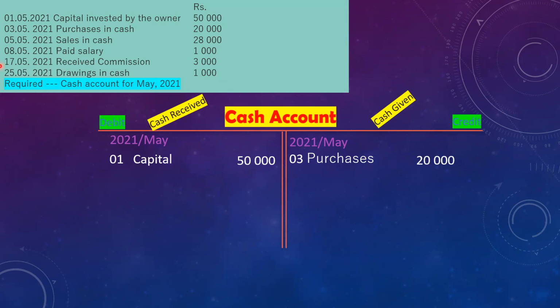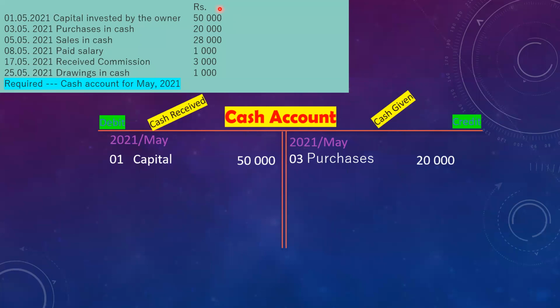Right. 5th of May. Sales in cash. We sold goods. Sales in cash means we sold goods. Are we receiving money or giving money? Quick. Make it fast. Very good.